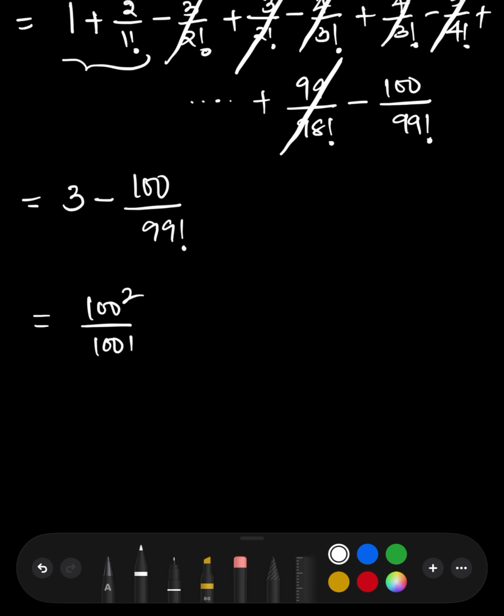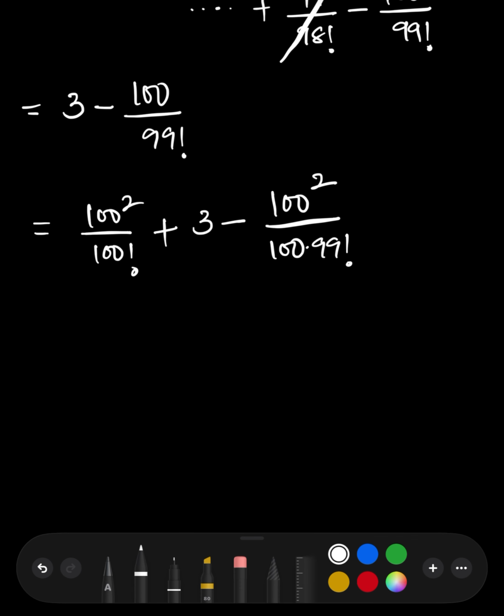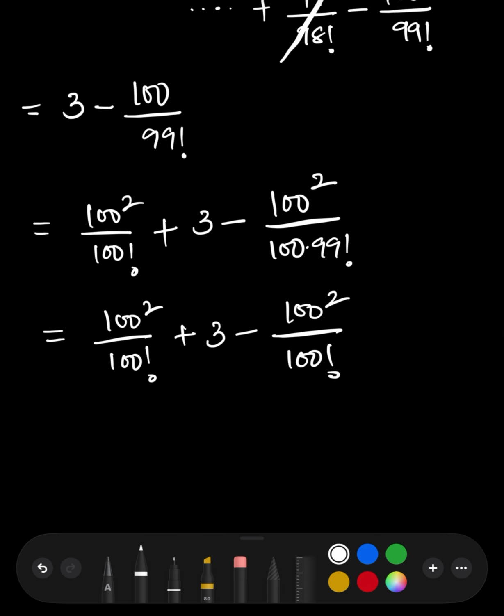The remaining part is 3 minus 100 by 99 factorial. If you multiply by 100, that is 100 square by 100 into 99 factorial, so that is 100 square by 100 factorial. So 100 square by 100 factorial plus 3 minus 100 square by 100 factorial: these two will get cancelled. Now the final answer is 3.